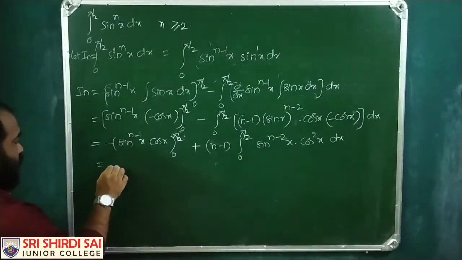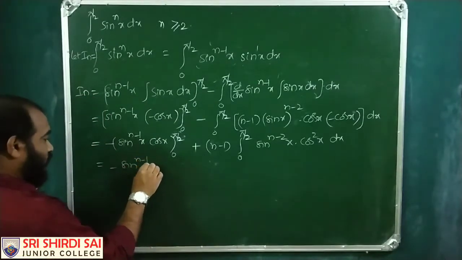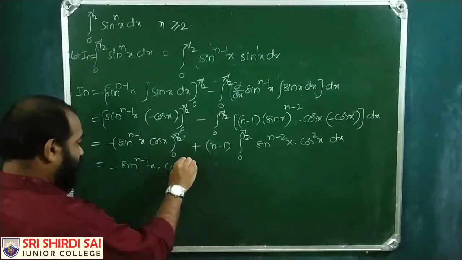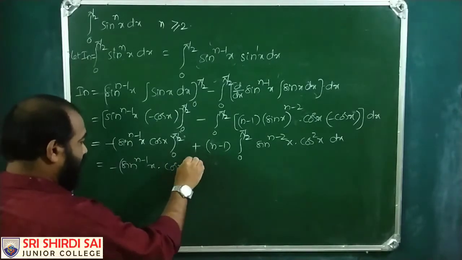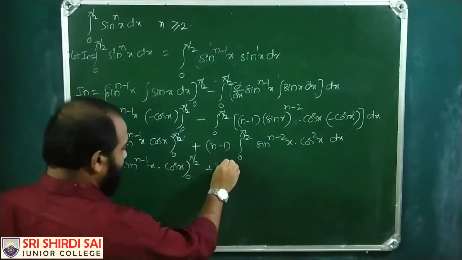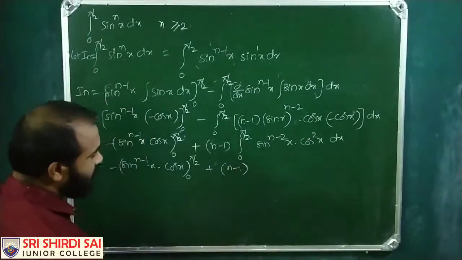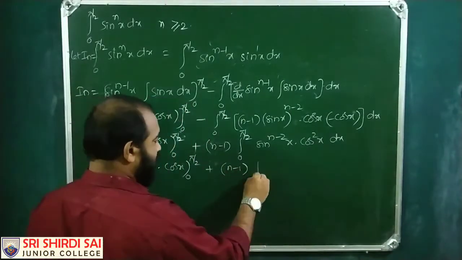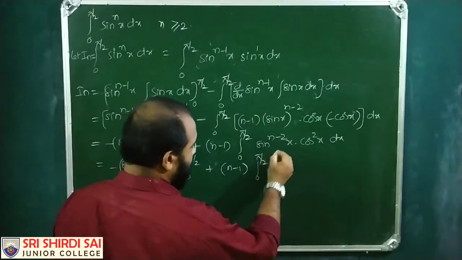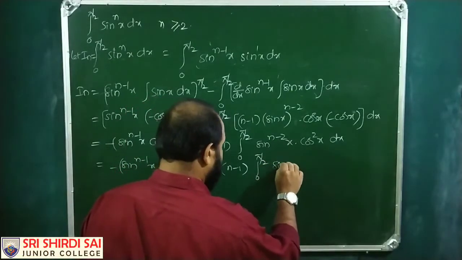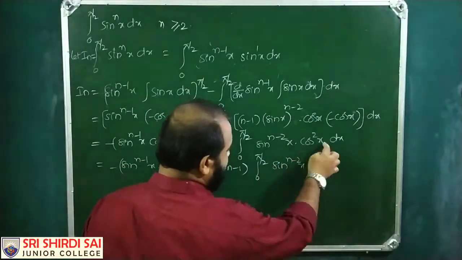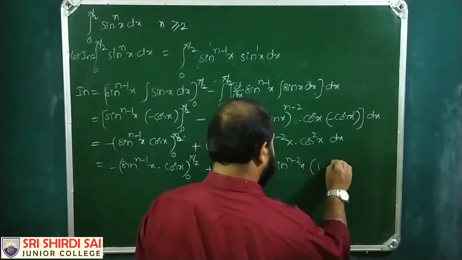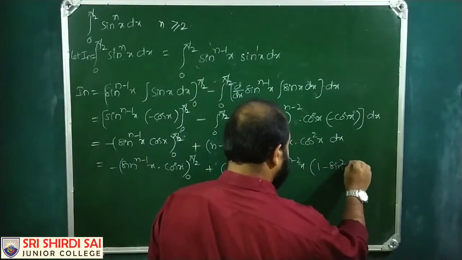So that is equal to minus sin power n minus 1 x into cos x from 0 to pi by 2, plus n minus 1, integral 0 to pi by 2 of sin power n minus 2 x. Cos square x can be written as 1 minus sin square x, dx.